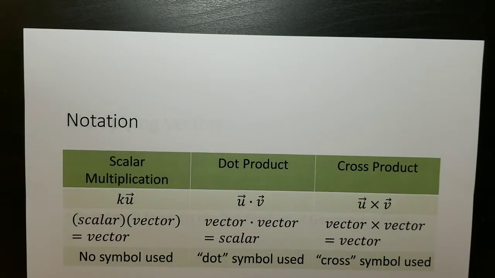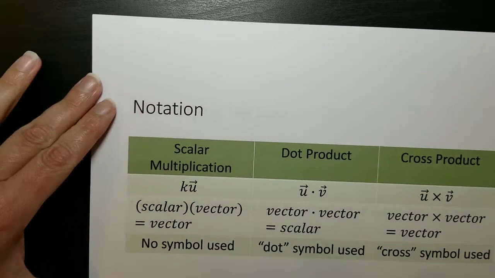Because we've now got three different kinds of multiplication involving vectors, it's very important that you keep the notation correct and consistent. So I'm going to review.